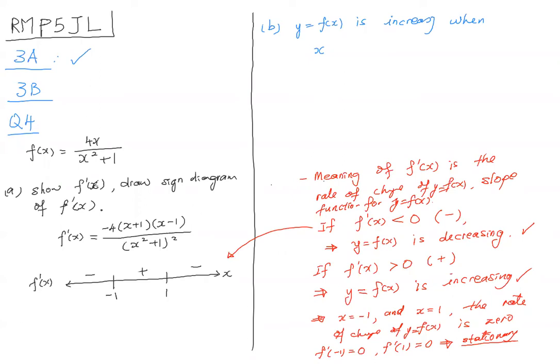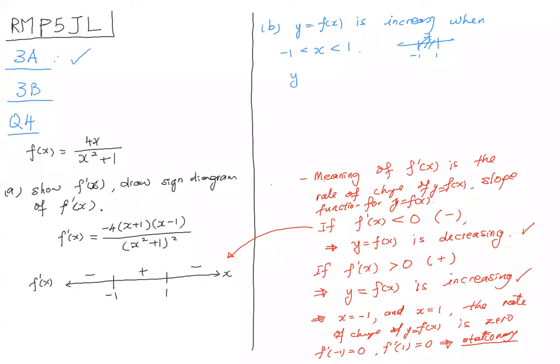When x is more than -1 and less than 1, this interval. Because it's positive. Clear? So that's how you get the interval.